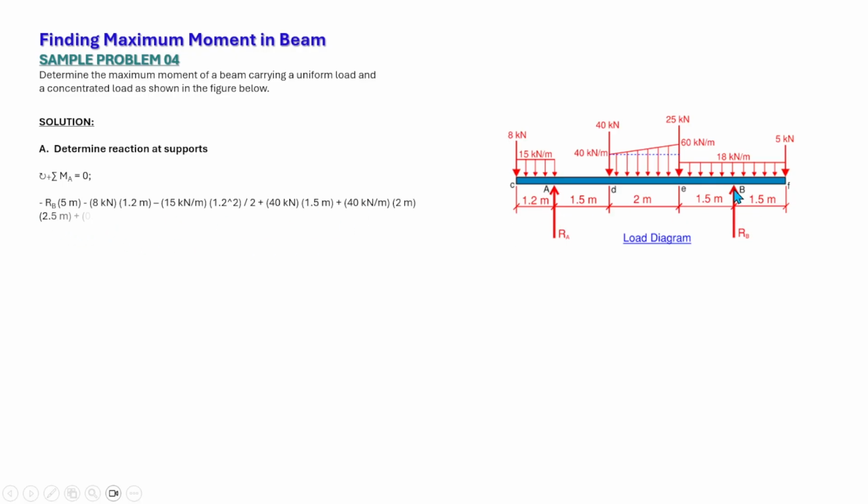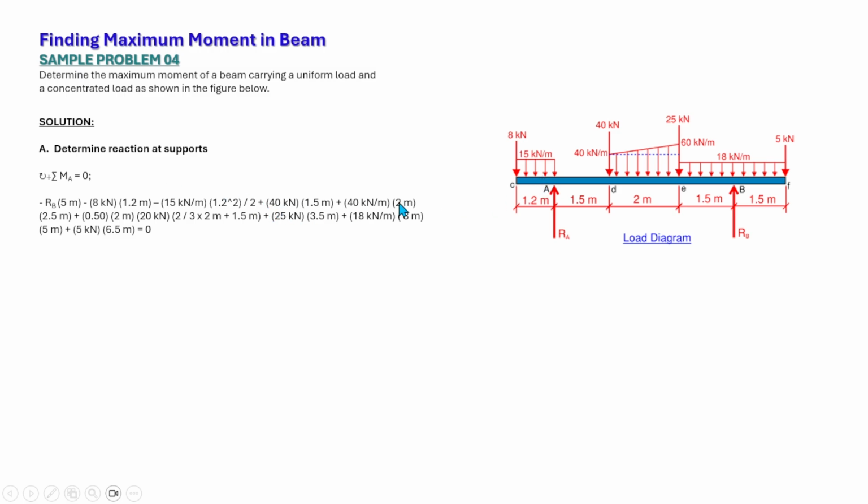This is counterclockwise, so negative, times the moment arm, which is 5. So minus 8 kilonewton times 1.2, minus 15 kilonewton per meter times 1.2 squared over 2. This is counterclockwise, so negative.